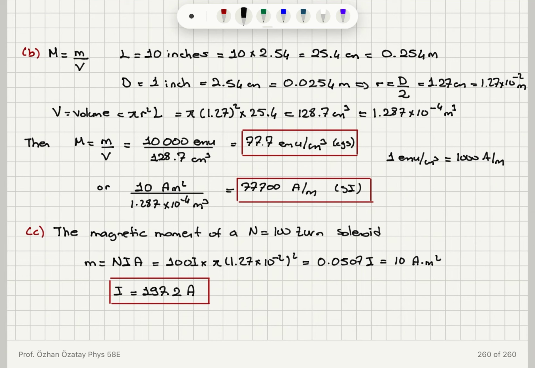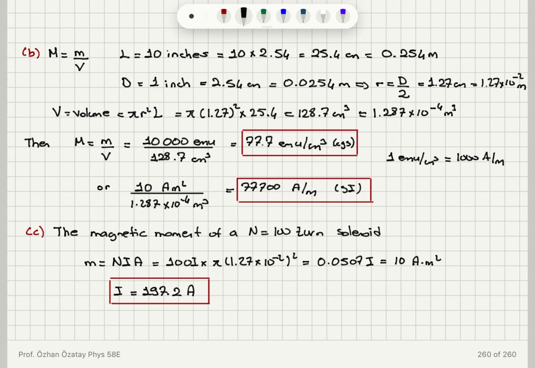And if I have a solenoid that has 100 turns, the magnetic moment it creates would be NIA. This is assuming that the core material is not magnetic, so the only contribution comes from the current.